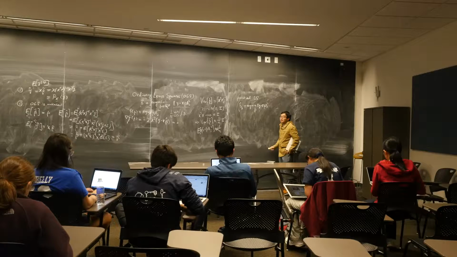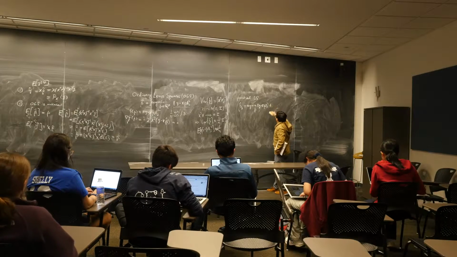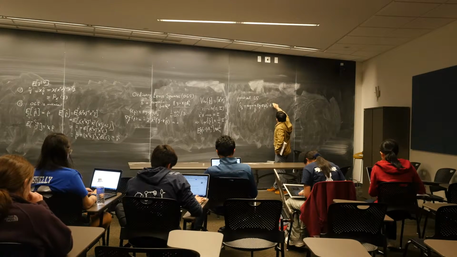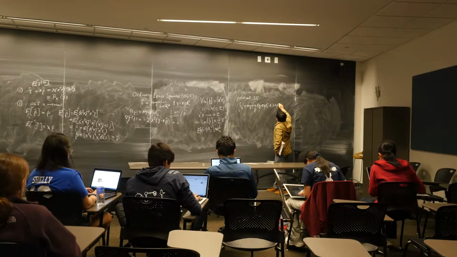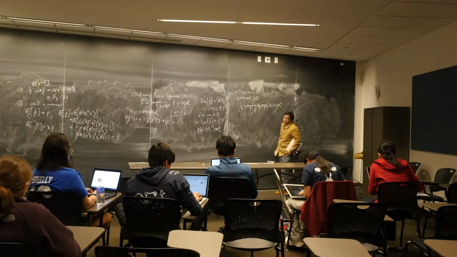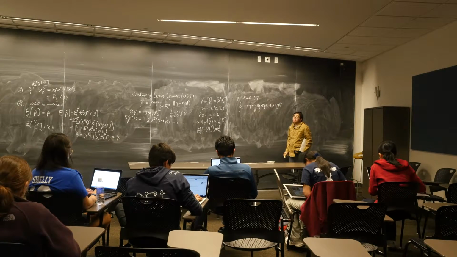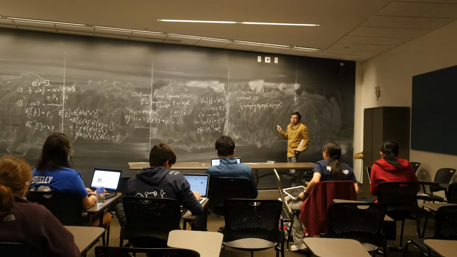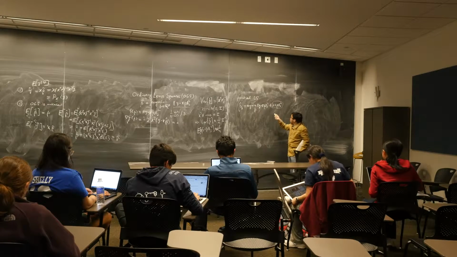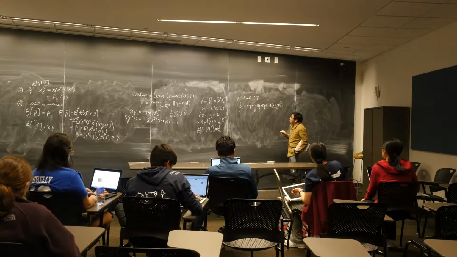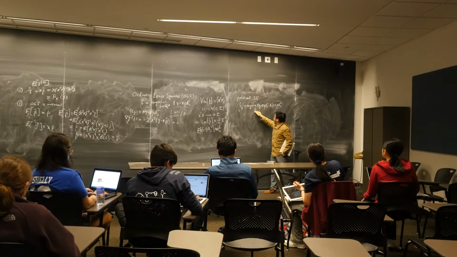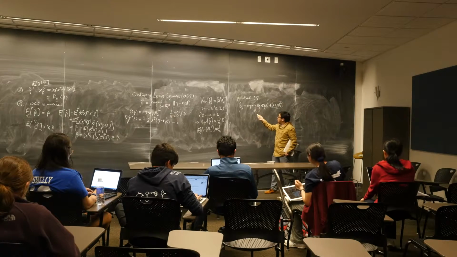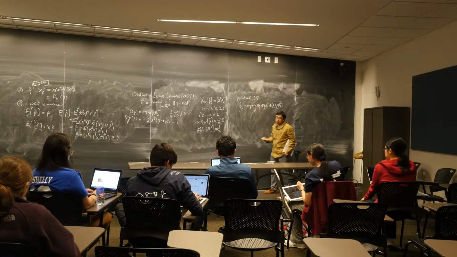But this time, I'm adding a penalty term to the objective. So why do I add this penalty term? I can think of at least two reasons. First reason is that I believe beta should not be too large.